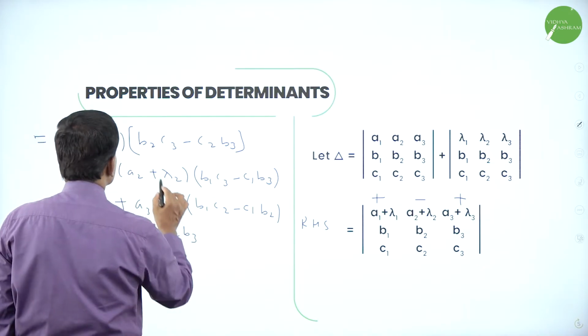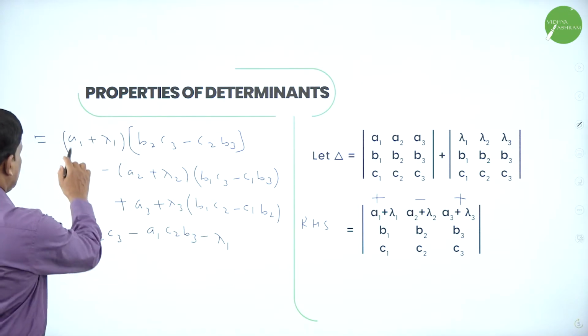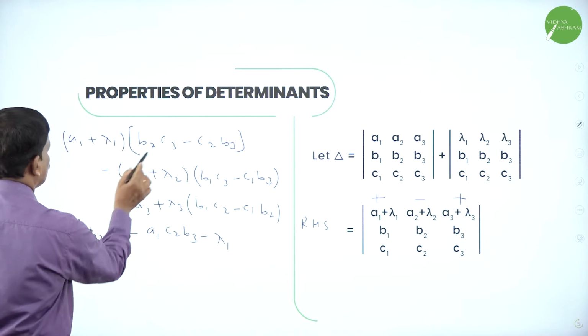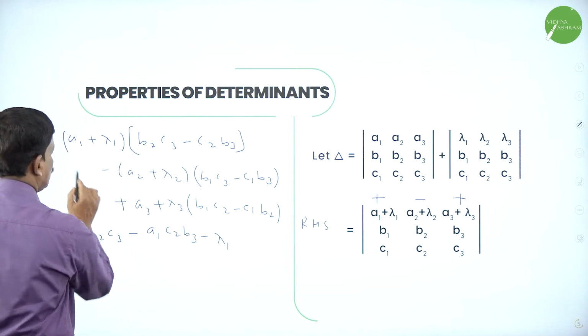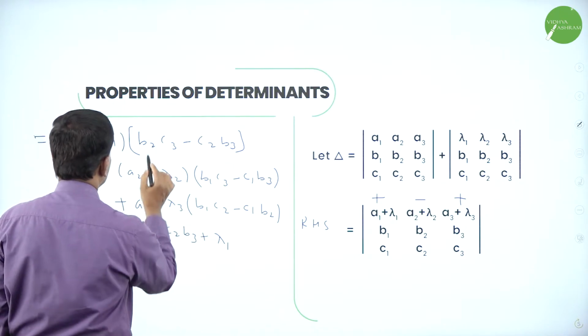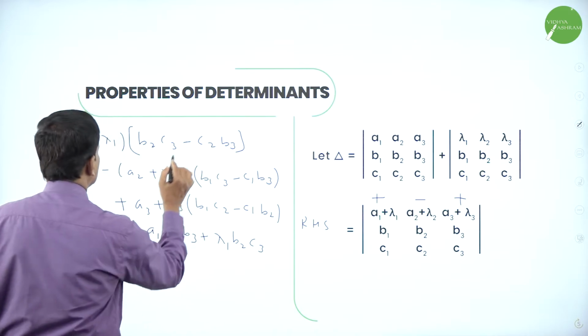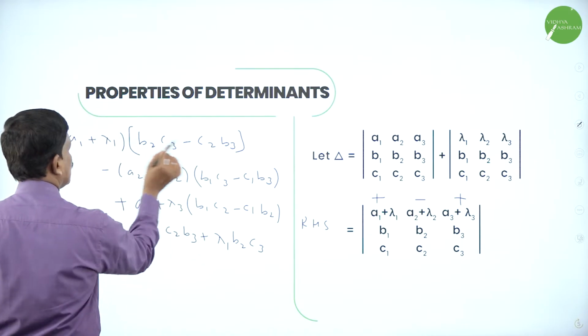Again plus into minus, here expand. So A1 into B2 C3 minus A1 into C2 B3 plus lambda 1 into B2 C3, again minus lambda 1 into C2 B3.